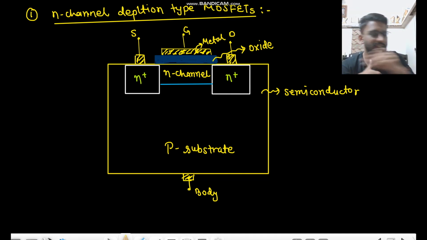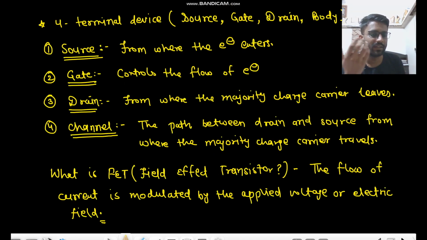You just need to know why it is called field effect: because of the effect of the applied electric field we get the current. That's why it is called field effect transistor. So these were the basic definitions.